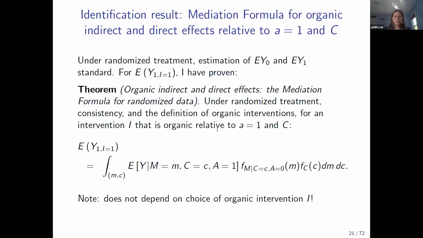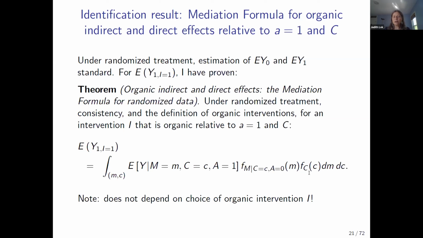I here have a mediation formula for randomized data for organic indirect and direct effects. The assumptions are that treatment is randomized, we have this consistency assumption that I just showed you, and the definition of organic interventions. Then for an intervention I that is organic relative to A is equal to 1 and C, we find that the expected value of the outcome under treatment combined with an organic intervention follows the mediation formula, the beautiful mediation formula that came from the causal inference literature.